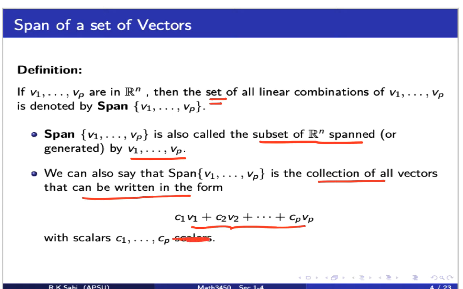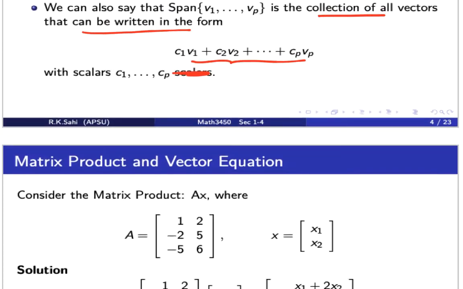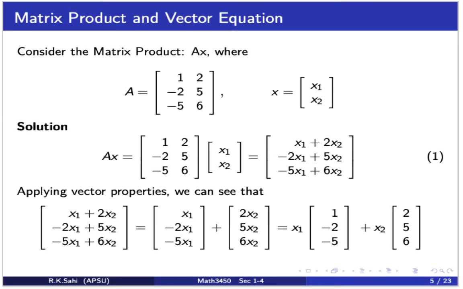Okay, now let's look at a matrix product and a vector equation. Now let's look at the matrix product Ax. This was the very first class I started in this course, matrix products.